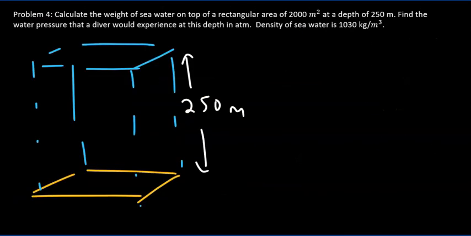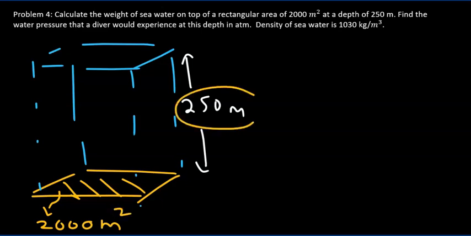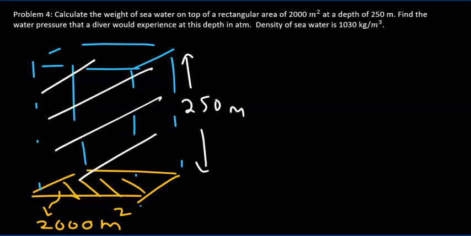Calculate the weight of seawater on top of a rectangular area of 2,000 meters squared. So this area right there. So the area here is 2,000 meters squared at a depth of 250 meters. So of course we need to know the mass of the water that's contained in this rectangular block.